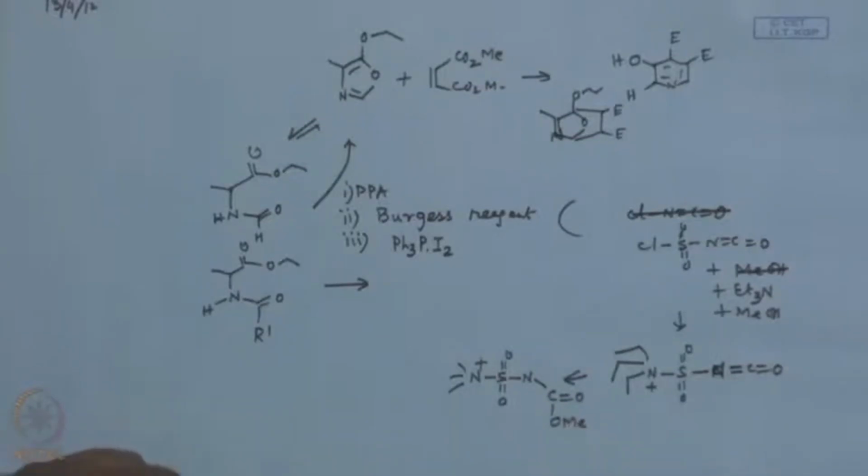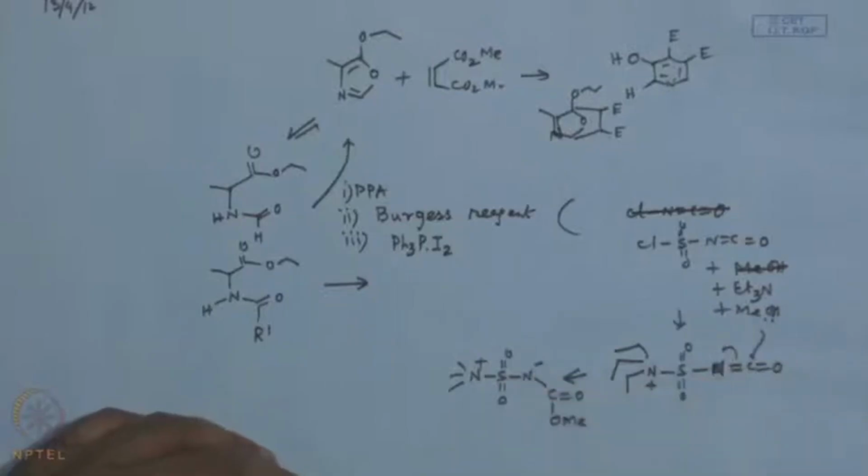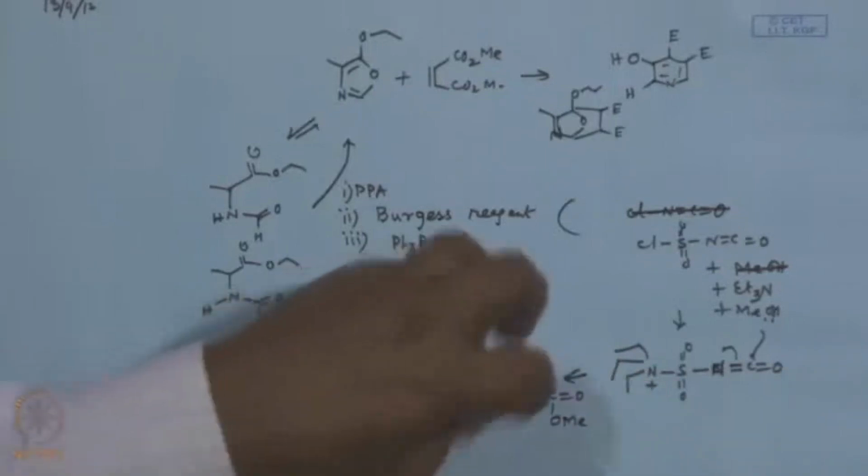Methanol adds to this carbonyl, right, and so you get a carbanion. So, essentially this is kind of a salt, a plus nitrogen and a minus nitrogen. This is actually Burgess reagent.